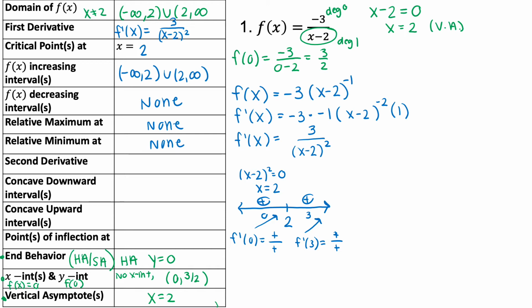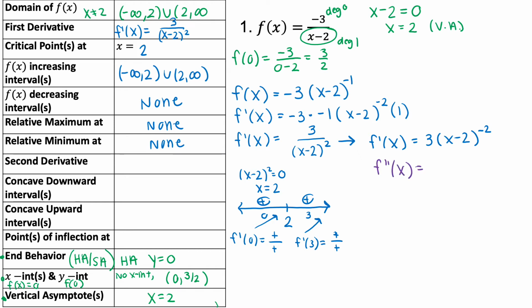From here, we want to go ahead and take our second derivative. Now to do that, I'm going to think about rewriting my first derivative, f prime of x, as 3 times x minus 2 to the negative second power, again, just to make the differentiation process a little bit easier for me.